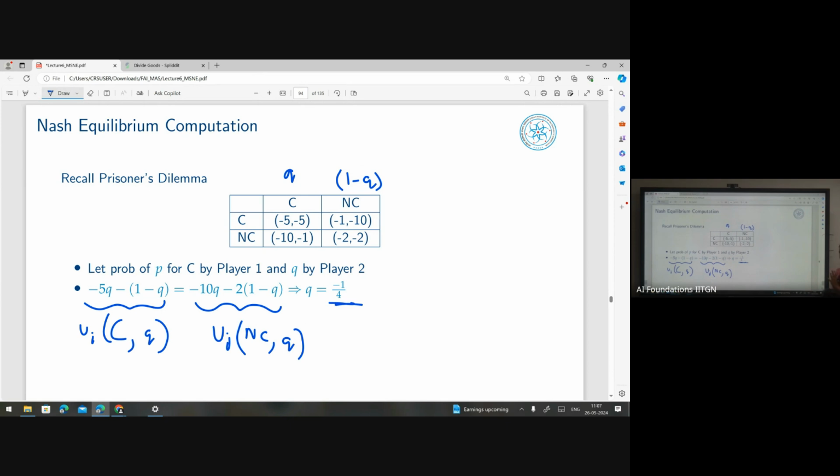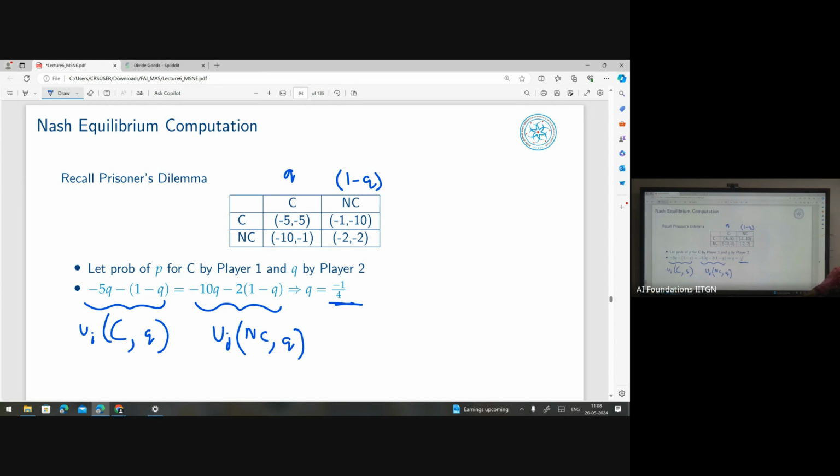So the idea is you don't have to only solve the n bunch of equations. You'll also have to see what is the subset of strategies that I will be actually assigning positive probabilities to. I won't be assigning positive probabilities to all the set of strategies, because there is a strategy which is dominated. There is no reason for me to play that.